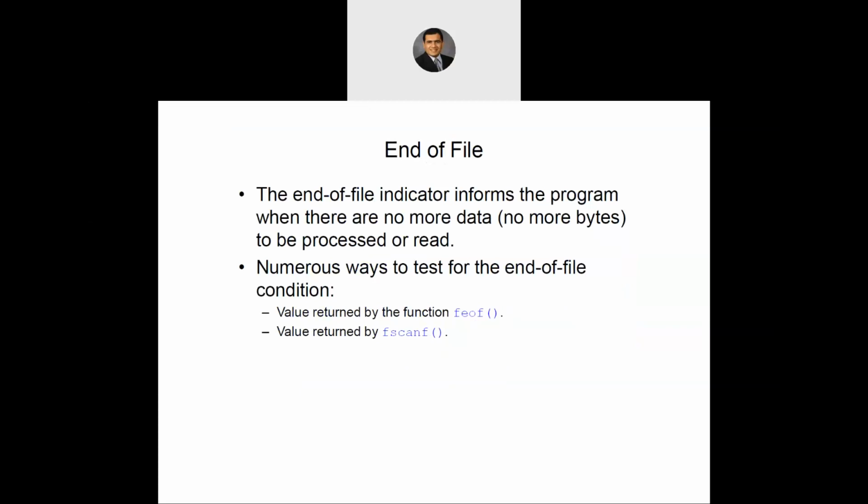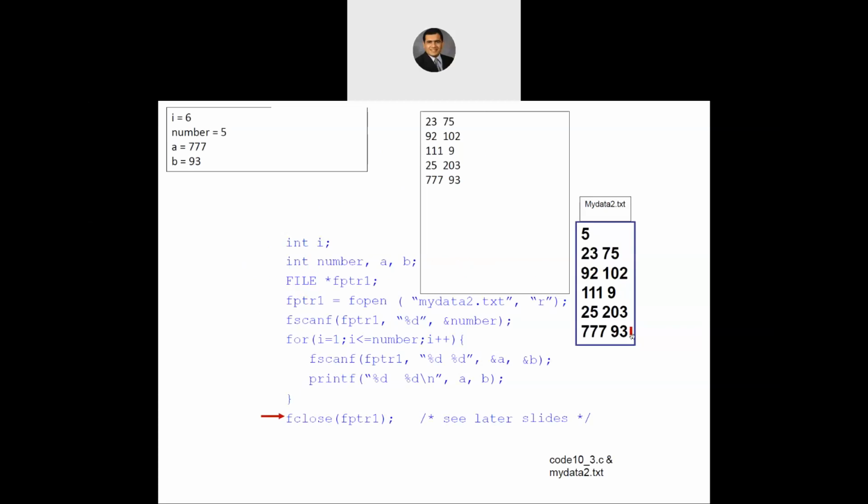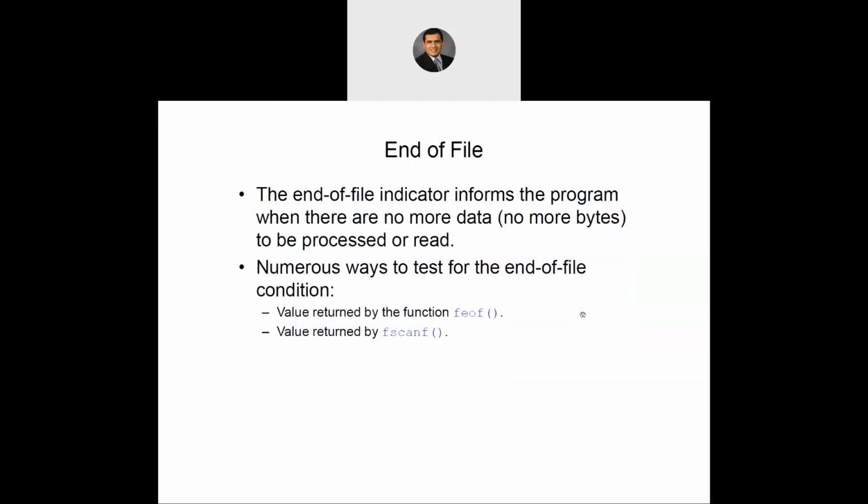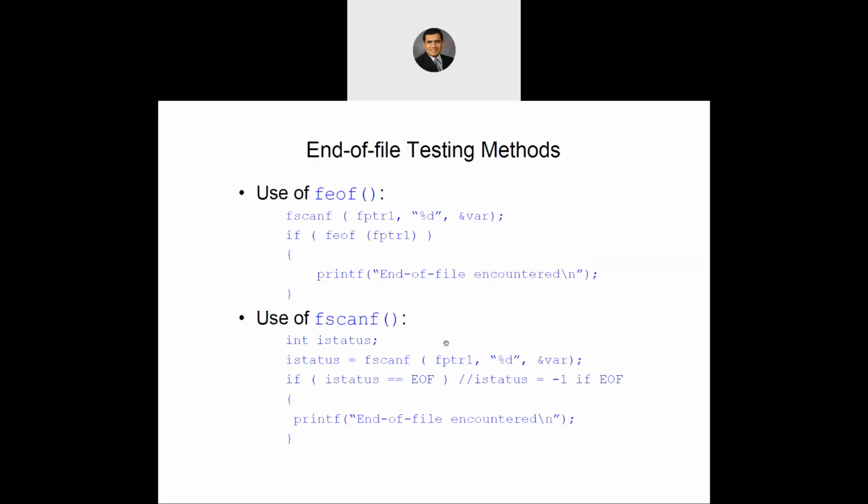as I told you before, we have an end of file and we have a function which can find out whether you have reached the end of file, and that function is FEOF. We have another way also to find out whether you have reached the end of file, by using the function fscanf. Let's have a look at it.